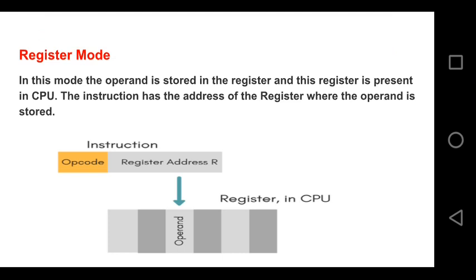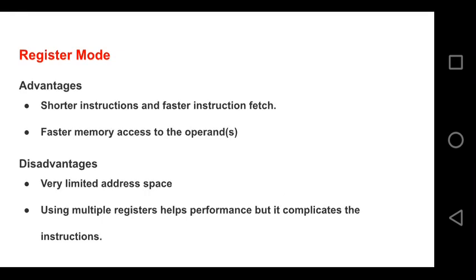So it is an example of the second addressing mode, that is register mode. The first one was immediate mode, where the instruction itself contained the operand value. But in register addressing mode, the operand is stored in a register.